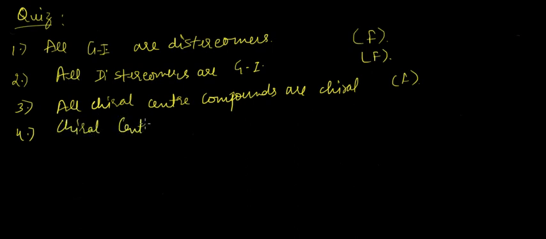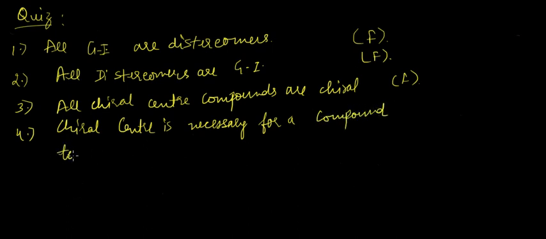Chiral center is necessary for a compound to be chiral. Again, this is false. Why? We can have examples such as allene, biphenyl, spiro, and bicyclo compounds that are chiral. We have discussed the stereochemistry of all those compounds.